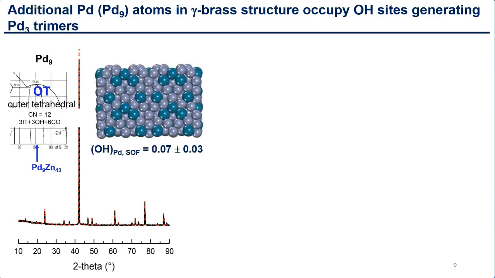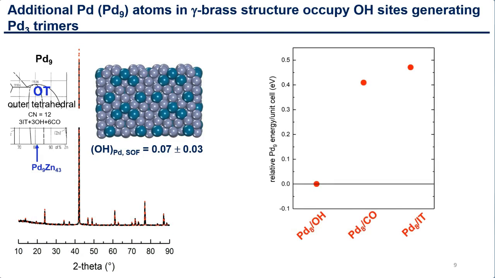And what we find from Rietveld refinement is a preference for that additional 9th palladium atom to occupy the octahedral site. And the implications of that are demonstrated here: by far the octahedral site is much more stable than occupation of either the cube octahedral site or the inner tetrahedral site. Ultimately, the implication is that palladium-9 will contain both monomers and trimers.